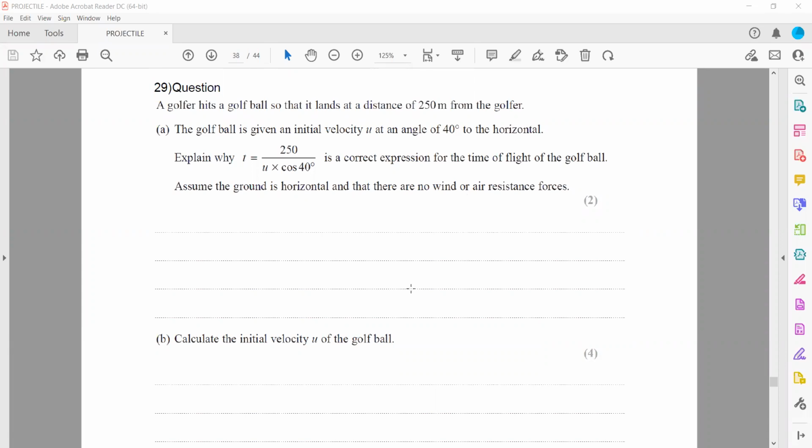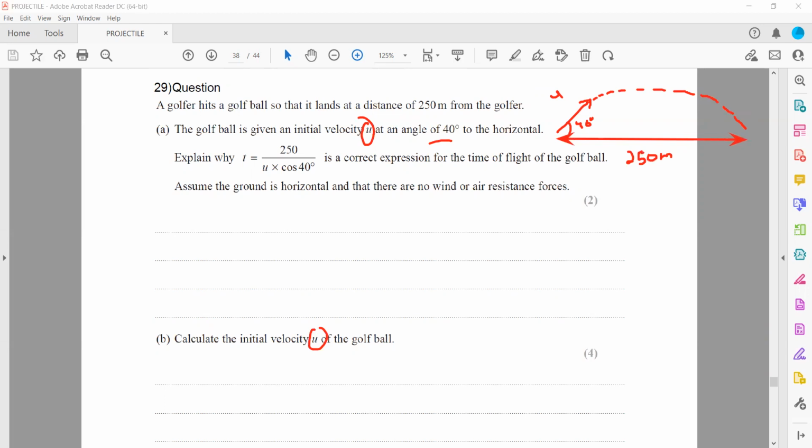The golf ball is given an initial velocity u, launched at an angle of 40. If I draw a figure for this, the initial velocity is u, the launching angle is 40, and the range it covered is 250 meters. And we need the initial velocity for this.